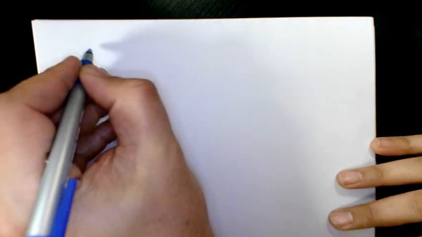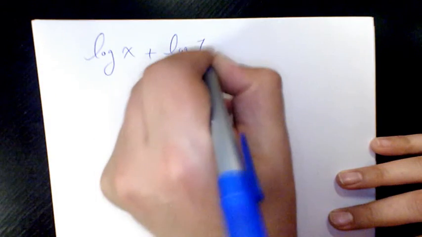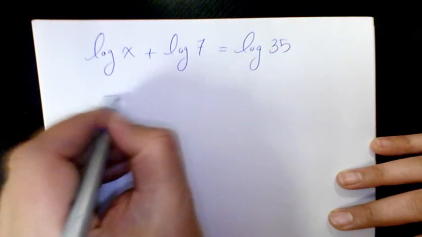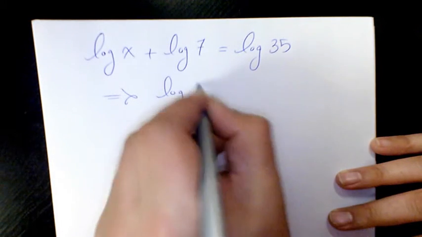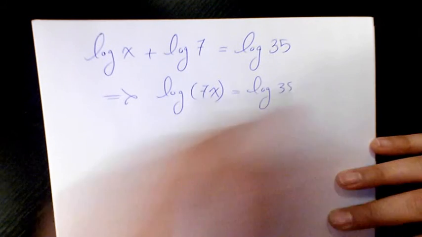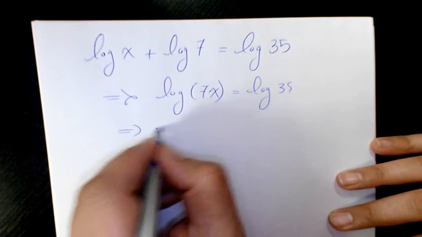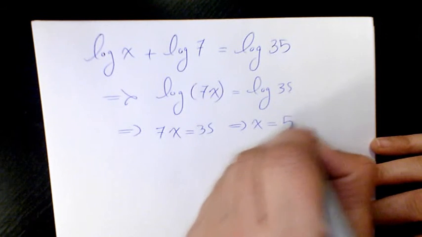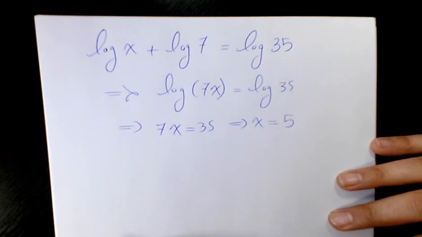Next example, log x plus log 7 equals log 35. We can say that's going to be equal to log 7x equals log 35. Since the bases are the same, we can say 7x equals 35. So x will be equal to 5.